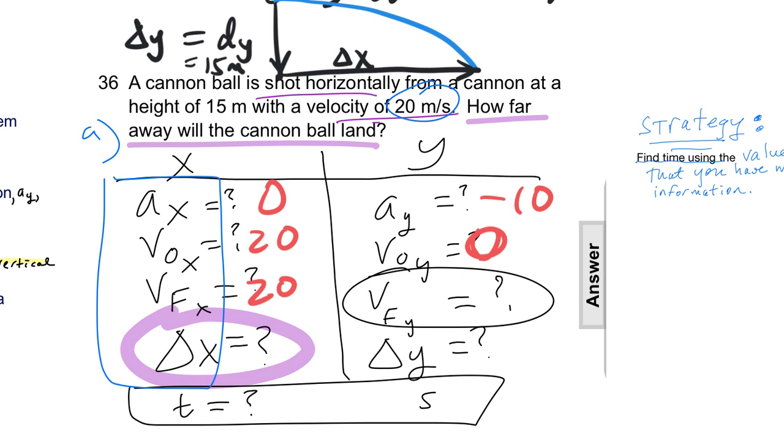What's delta X? I don't know. We're going to have to figure that one out too. What's delta Y? It's negative 15 because start to the finish is downward. That's what displacement is: the direction from the start to the finish.